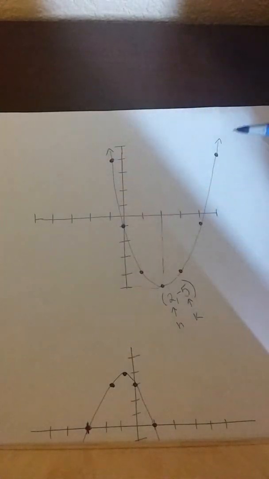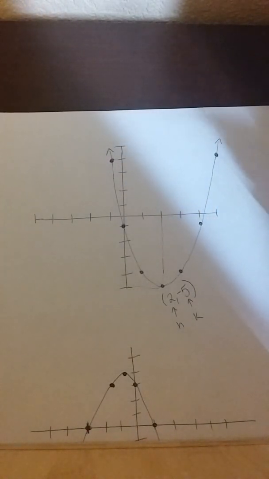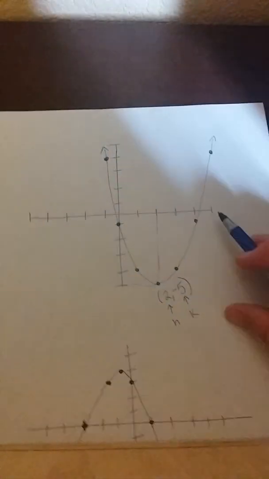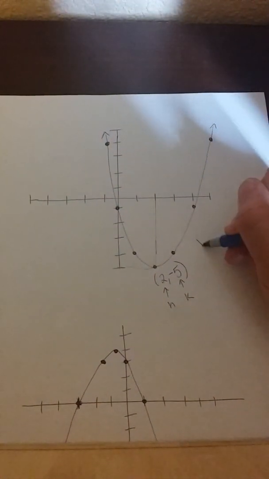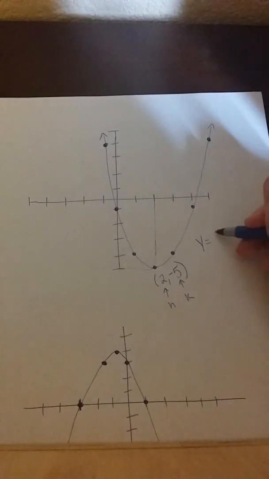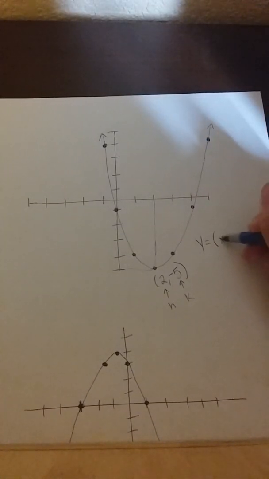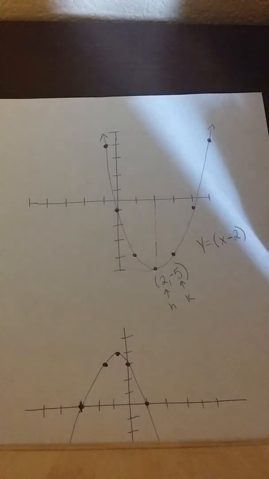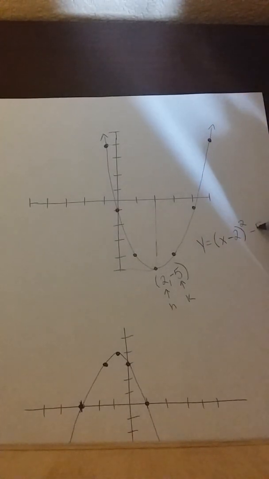I know it opens up, so I know there's no negative sign. This is a positive function, there's no reflection. So I'm going to start with y equals, I know this would be x minus 2 squared minus 5.